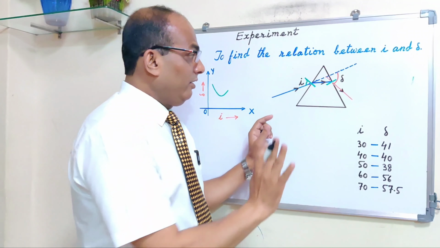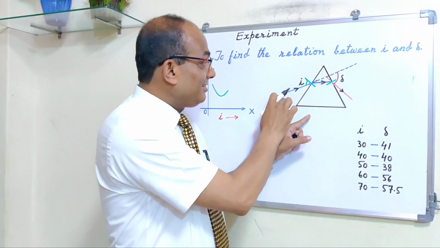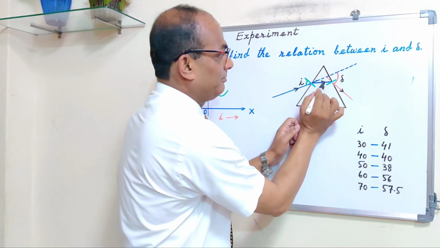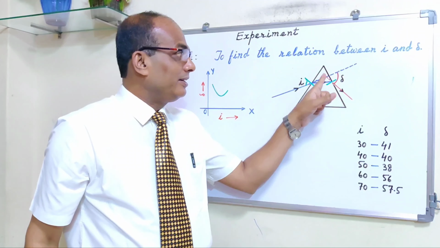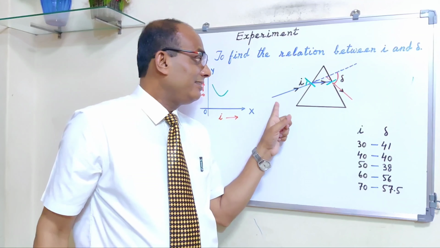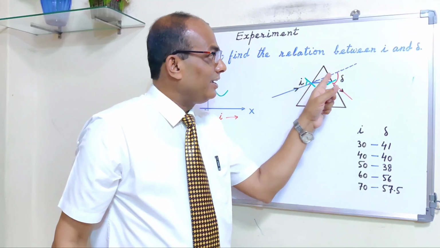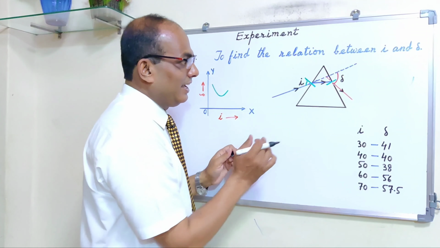Now, if this prism had not been there, then this incident ray would have traveled straight like this, that path I am showing by broken lines. But because of the prism, its direction is changed.